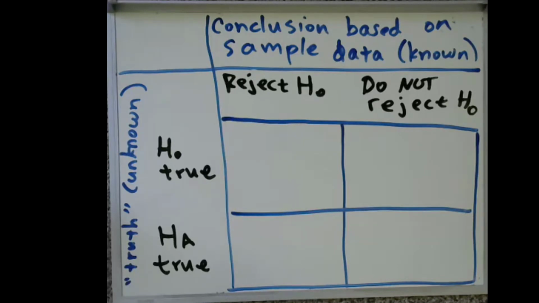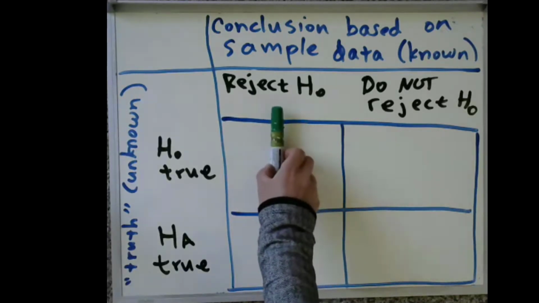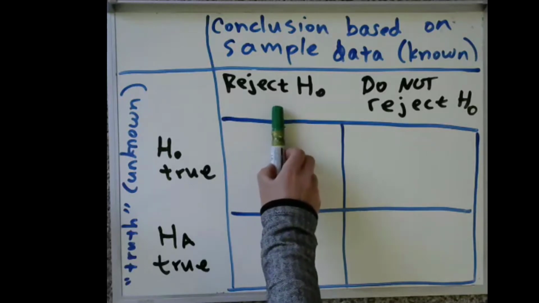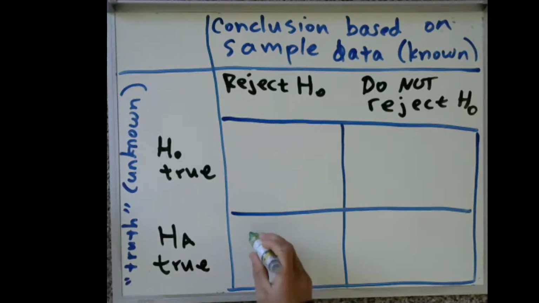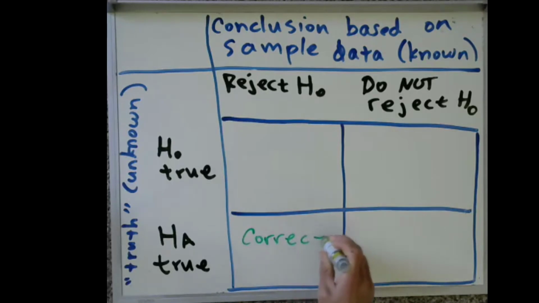Again, we don't ever know if an error is made. So let's look at one of the correct rectangles here. Let's suppose that your sample data was such that you got a small p-value, so you're going to reject the null hypothesis. Now, if we're rejecting the null hypothesis and it so happens to be that the alternative is true, then that would be a correct outcome.